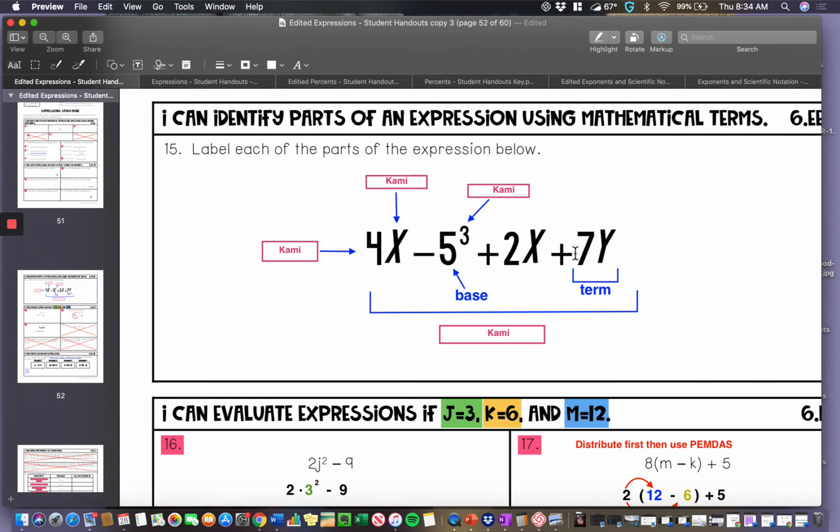And I also labeled this as a term, but what I'm looking for here is what this 4 is called? And then what is an unknown number called? And what is this whole thing called? Which says it right here. Little hint.